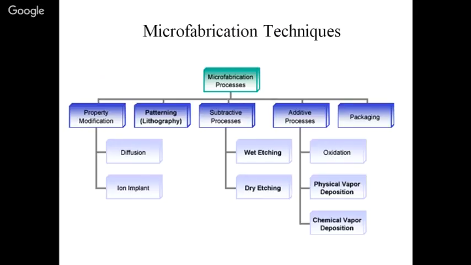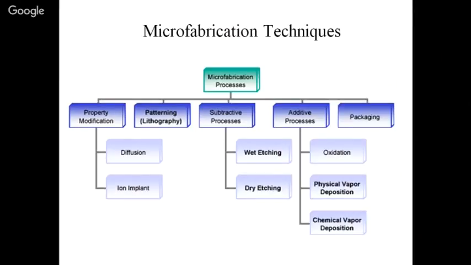Etching is the removal of some portion, not all throughout the surface. Etching is removal of some portion of the thin film or substrate, and the substance is exposed to an etchant, such as an acid or plasma or laser or chemical action, which chemically or physically attacks the film until it is removed.